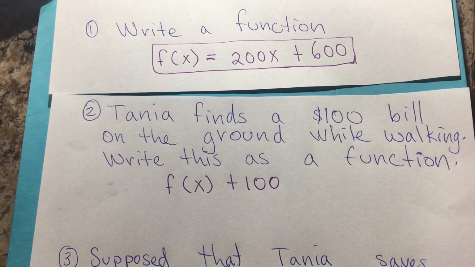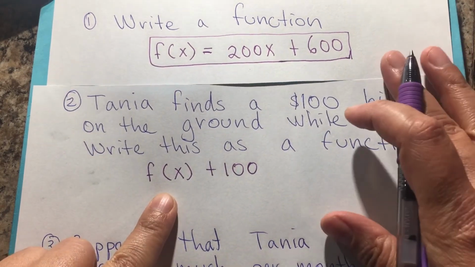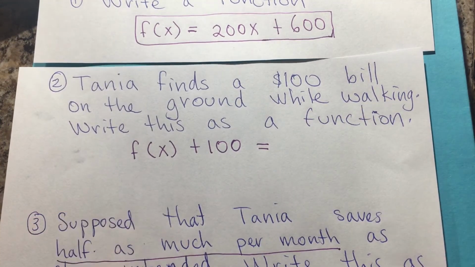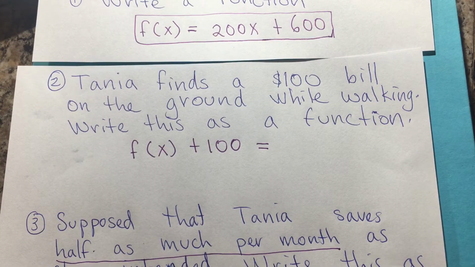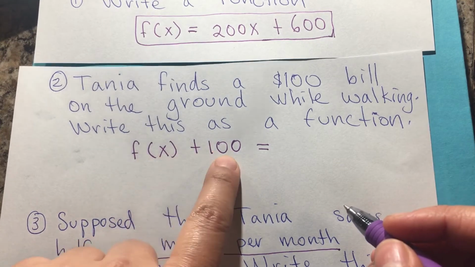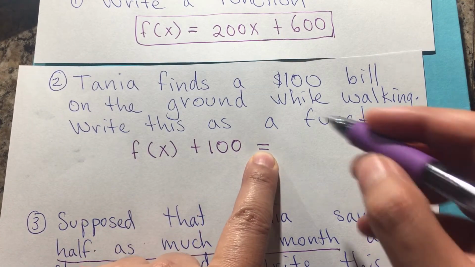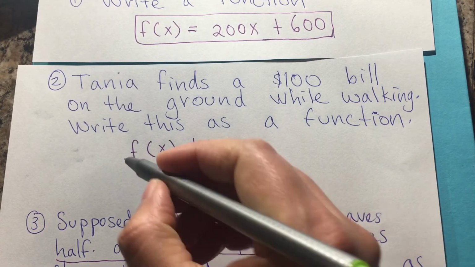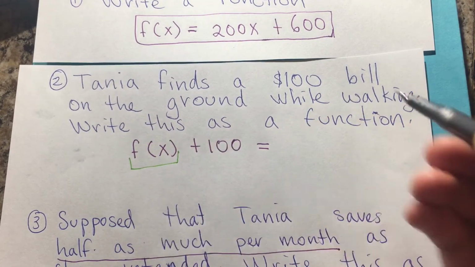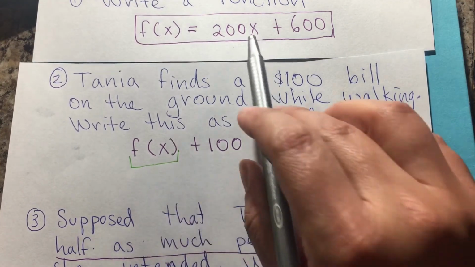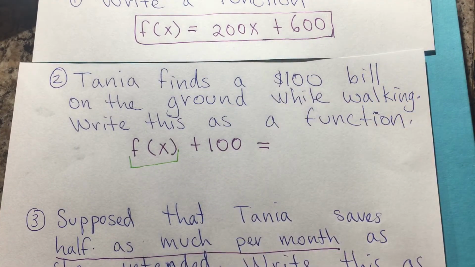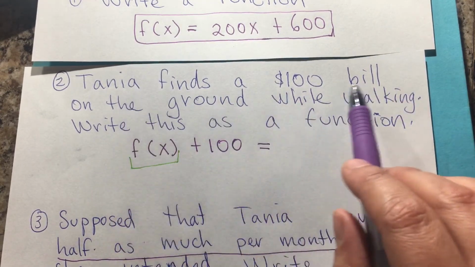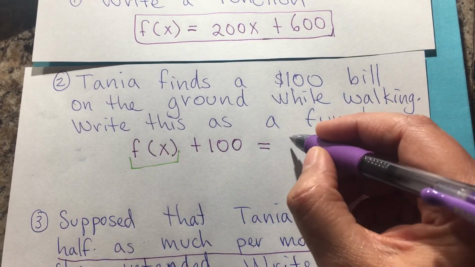Okay, so basically in here, the way it works is that if they ask you how that would be represented: f of x plus 100 equals. This means copy the function. Again, you don't have to do this for your homework, but copy the function as it is and add the $100. This is back to when she found the $100 bill.